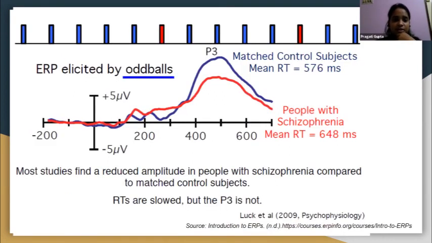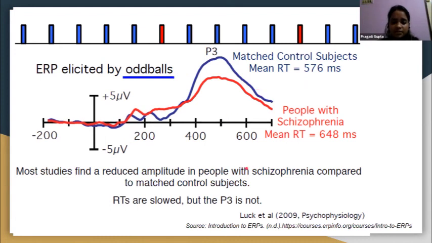We can see that if we give the same oddball paradigm to people with schizophrenia, there is similar activity and a similar amplitude, but there is a difference in mean reaction time. There's a lag. So what is causing this delay in these people?